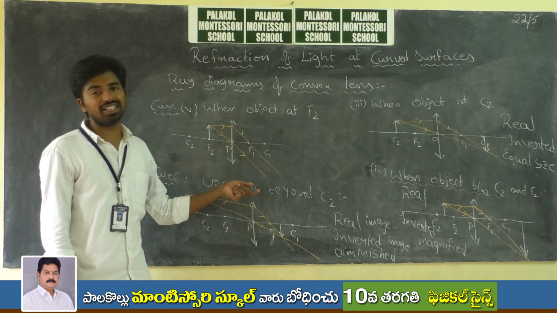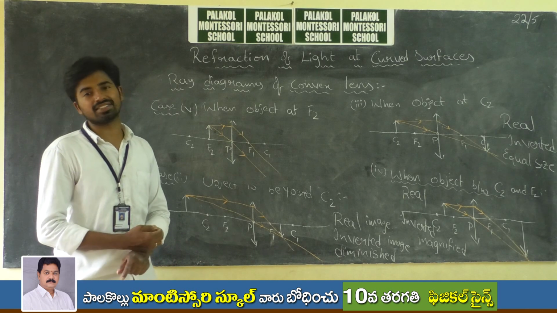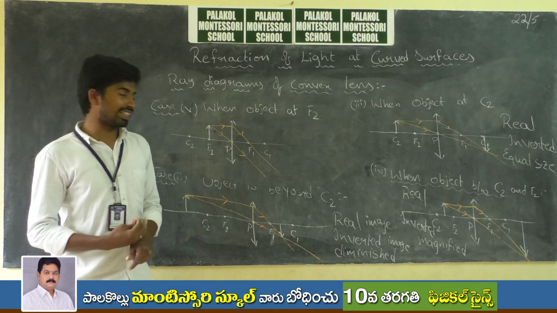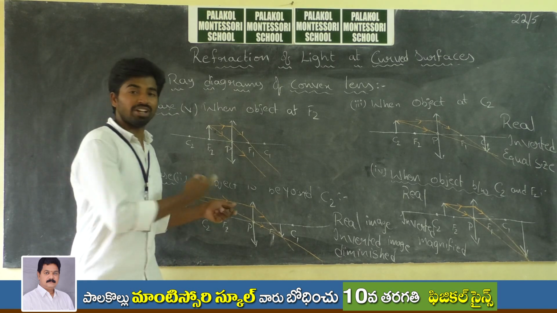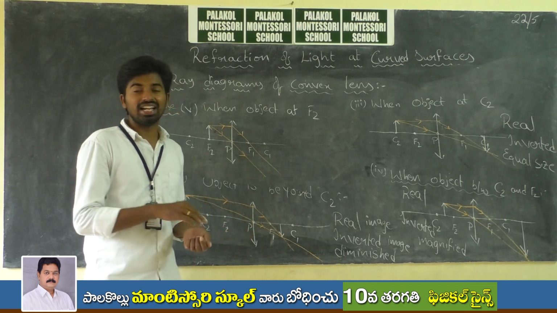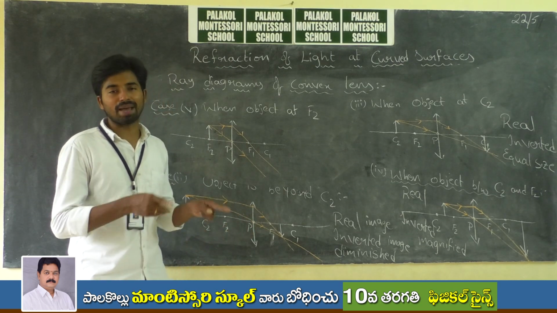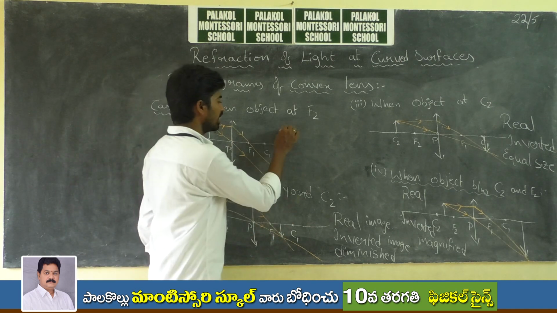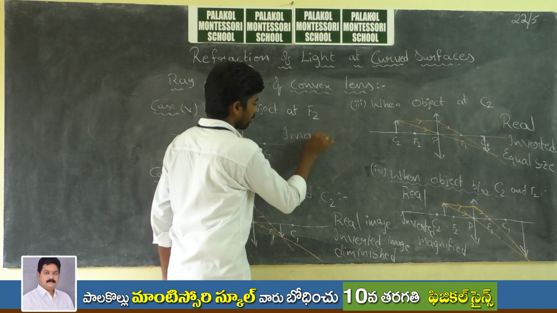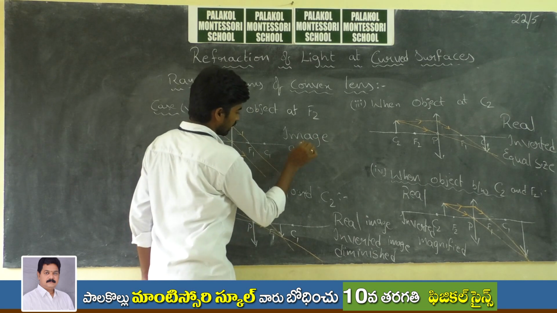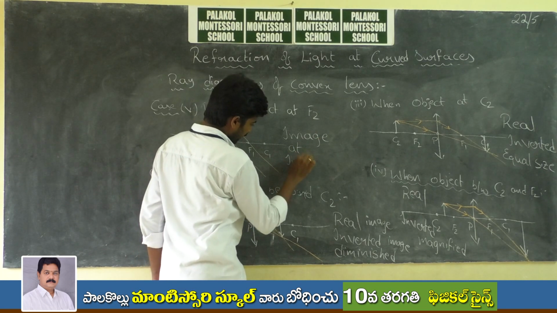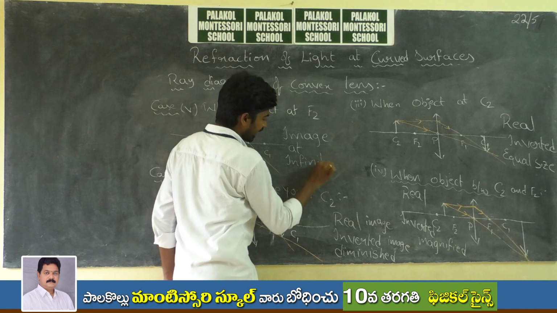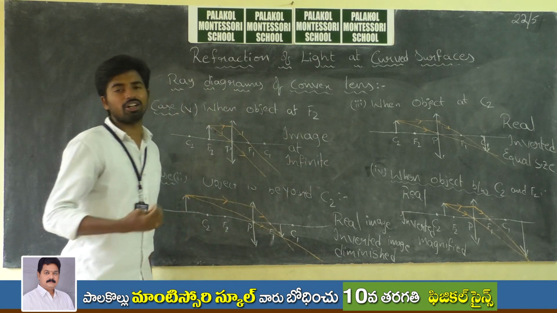So if you extend these two light rays, they won't get intersected. That means where will they intersect? They will intersect at infinite distance. Parallel light rays will intersect at infinite distance. Hence, the image will be observed at infinite distance. Infinite means undefined, so where the image will be observed, we cannot know.